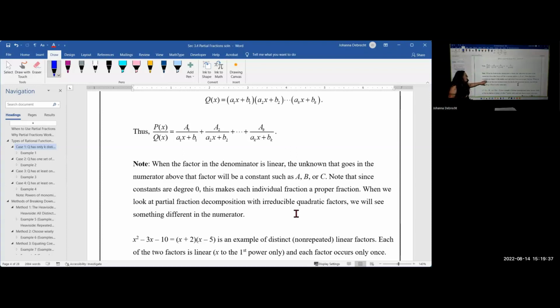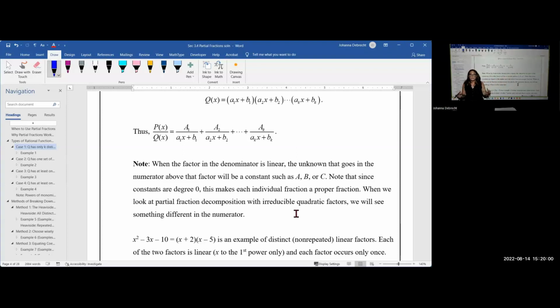All right. Note that each individual fraction is proper. The degree of the numerator is 0, degree of the denominator is 1. So each of these is a proper fraction. And instead of integrating this complicated thing on the left, we can split this into k different integrals and integrate each one on the right independently.